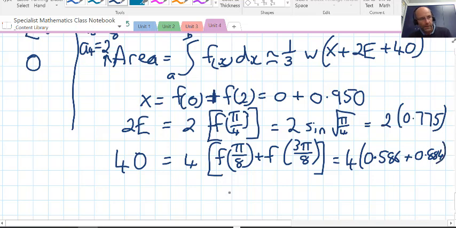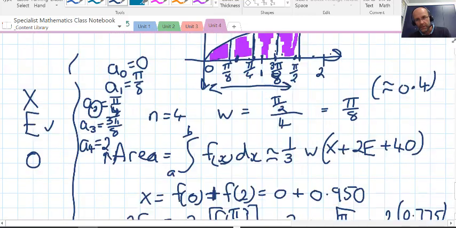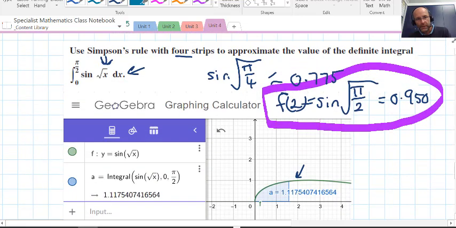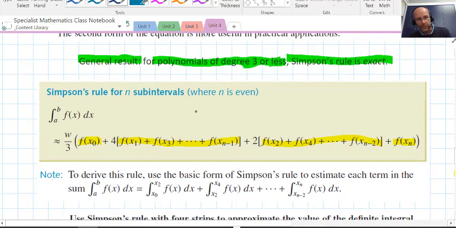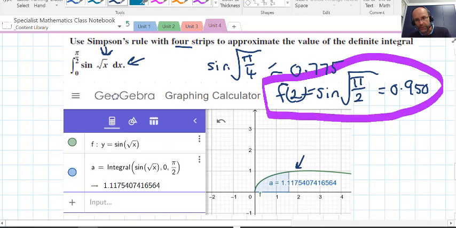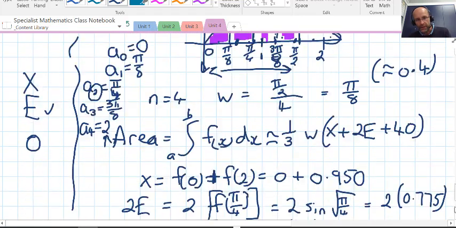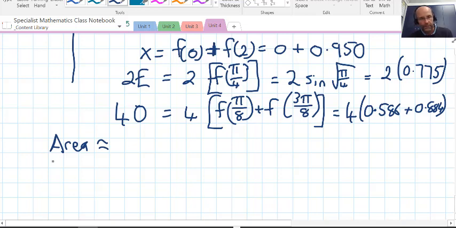Alright, and then area, or it depends if it's asking you for the approximate area or the value of the integral. Alright, so just a little thing there. If it's asking you for the integral, you write that. So perhaps I should have written that for this one, or if it's an area, you say area. Okay. So I'll probably do it properly then.